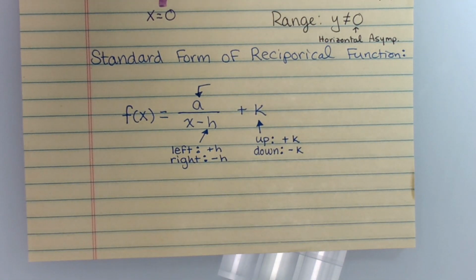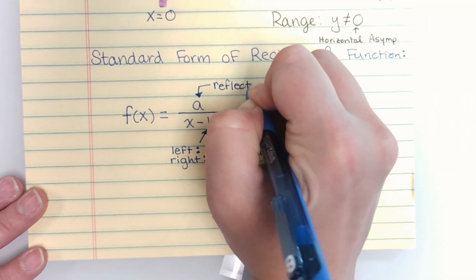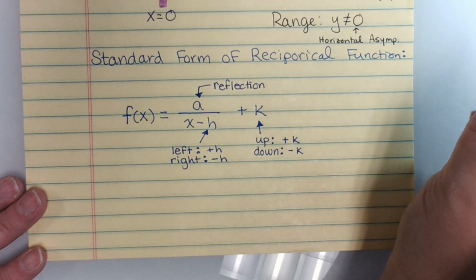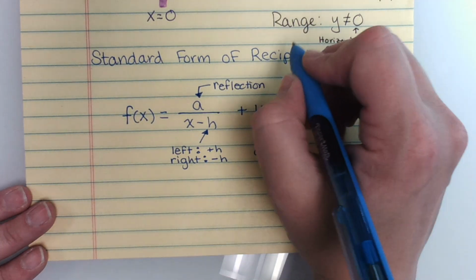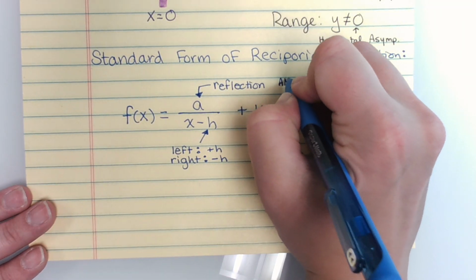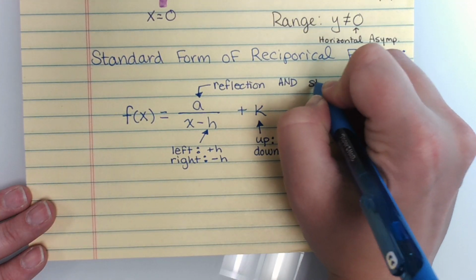A controls two separate things. A can control if there's a reflection and if there is a stretch or shrink.